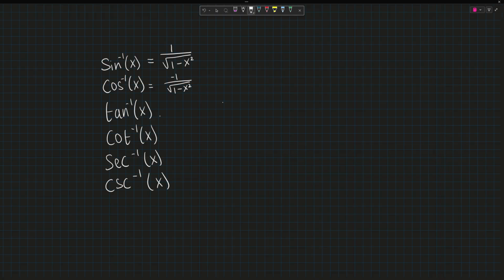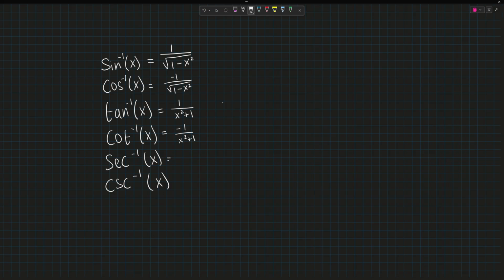So you're really memorizing 3 variations, but the cofunction will have the negative. So let me show you. For tan, it's basically 1 divided by x squared plus 1, the easiest one to memorize here. For cotan, it's negative 1 over x squared plus 1.